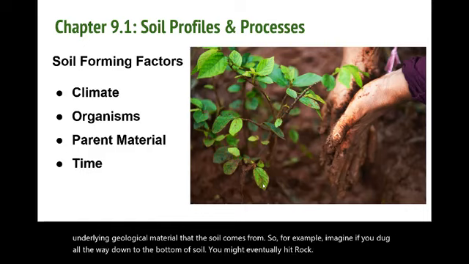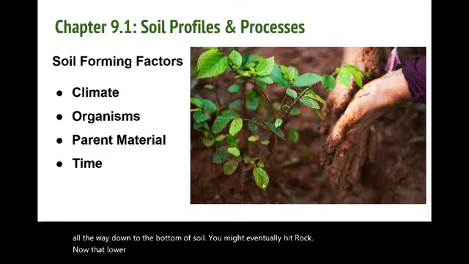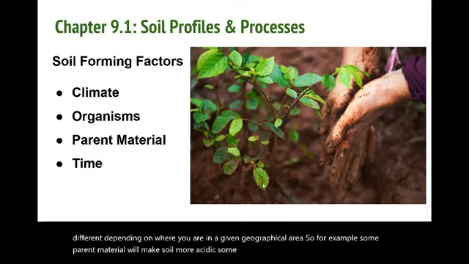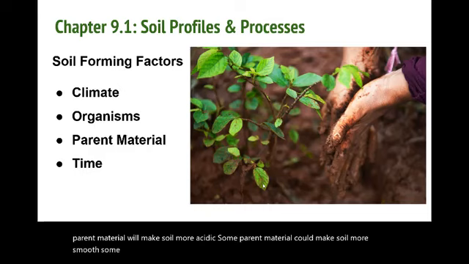That lower layer forms the parent material that the soil comes from, and that can be different depending on where you are in a given geographical area. For example, some parent material will make soil more acidic. Some parent material could make soil more smooth. Some parent material could make soil more wet or more grainy.